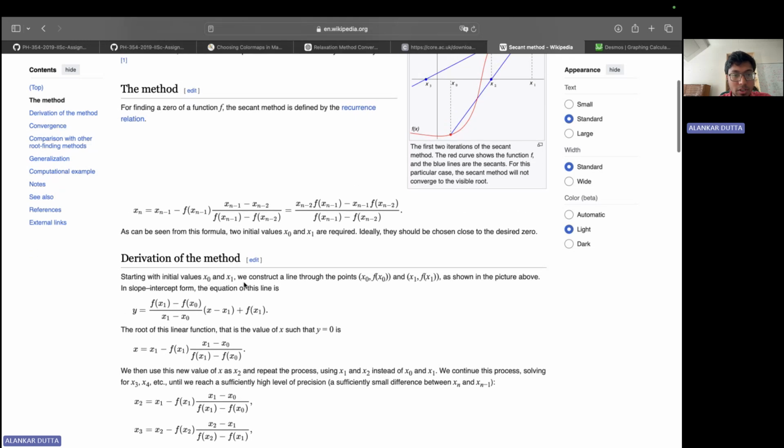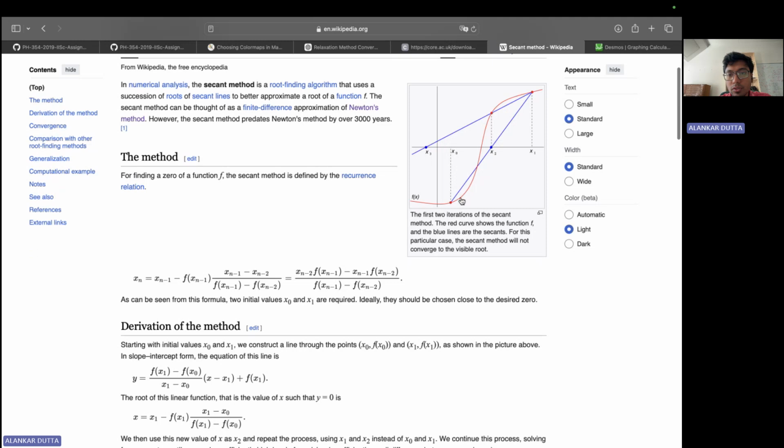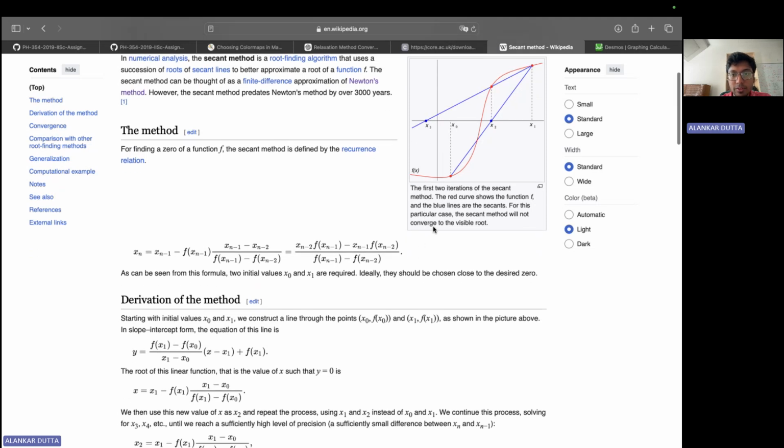Starting with the values x0 and x1, we construct a line through them. So you see, you start with x0 and x1, where again the function values are of opposite sign. And then you draw a line which passes through these, as shown in the picture above, right? In the slope intercept form, the equation of this line is this. Just like what we were doing for regula falsi, right?